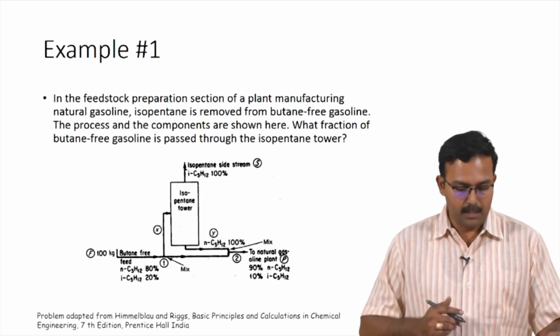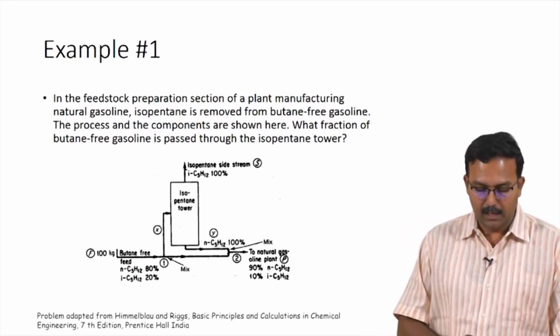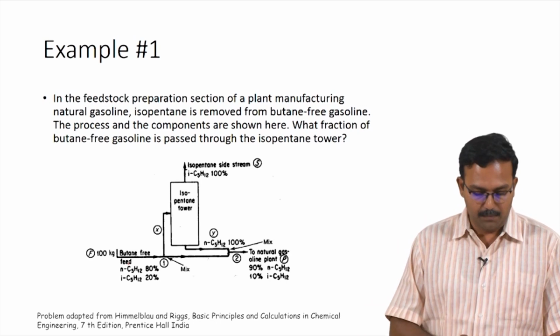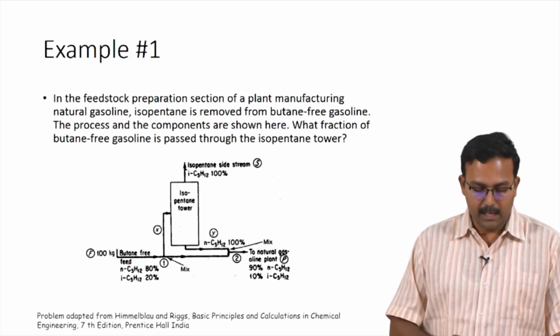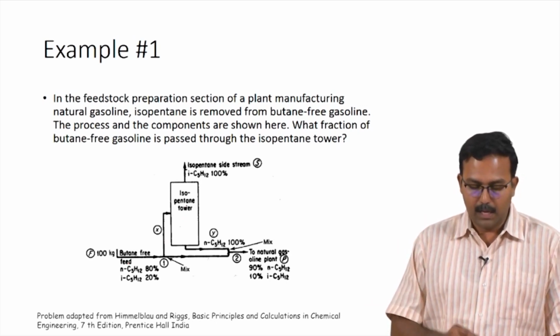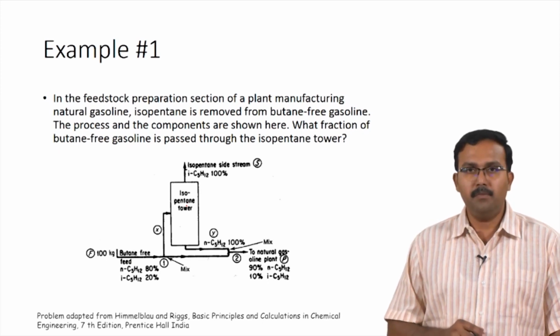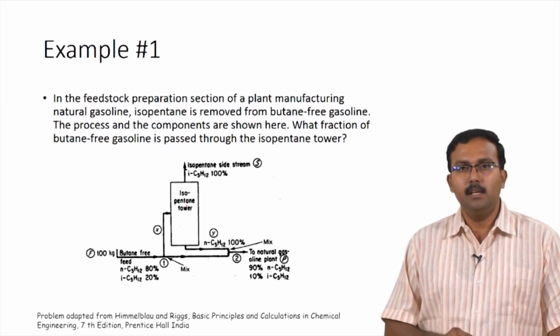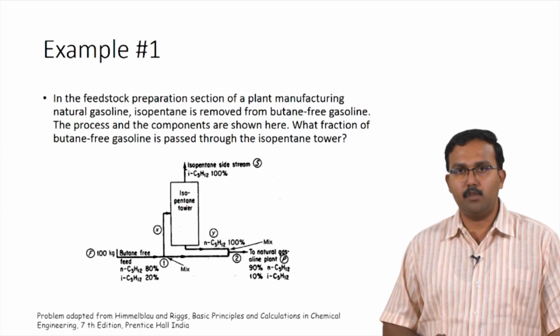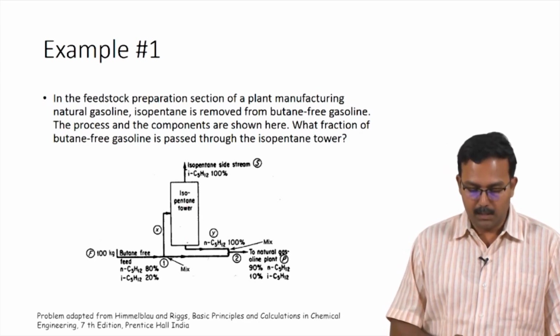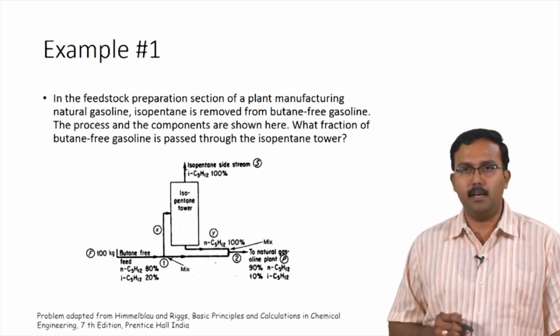What you have here is a feed of 100 kilograms of butane free feed, and that enters into the isopentane tower. Some of this stream is taken out and it bypasses the isopentane tower and is mixed with the bottom stream of the isopentane tower.